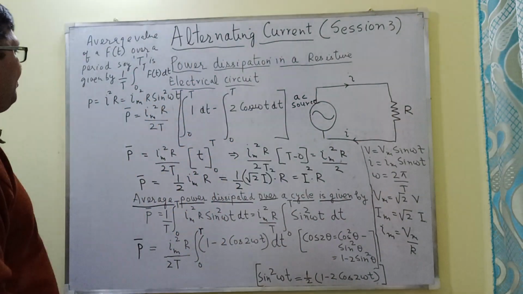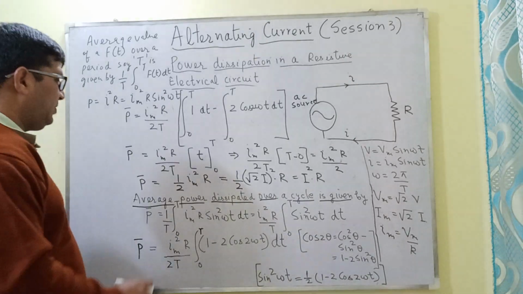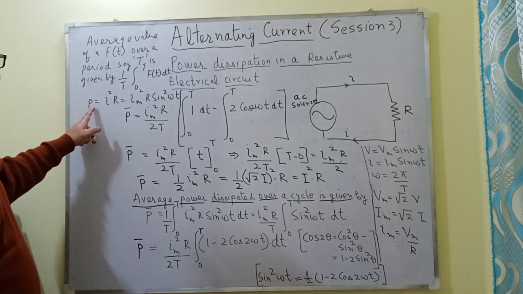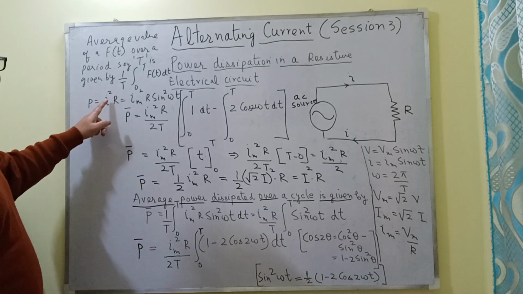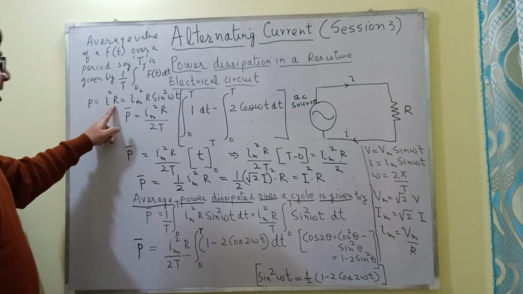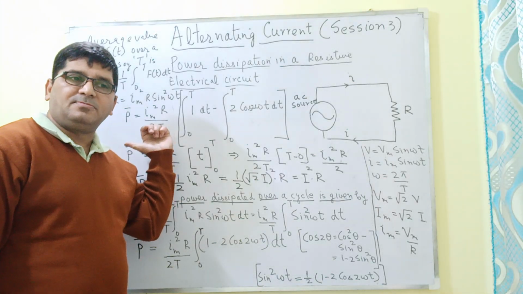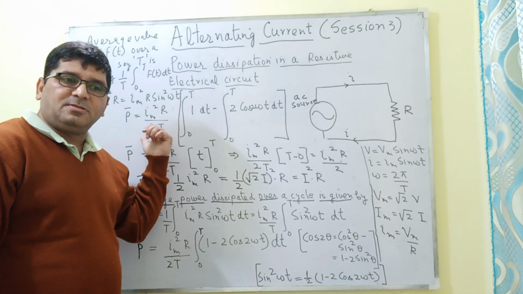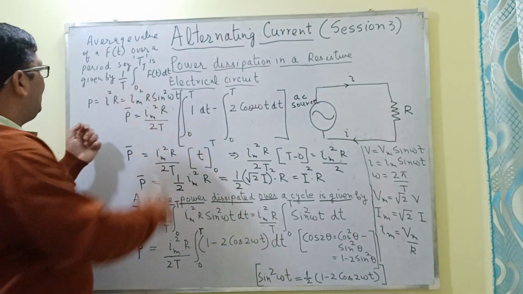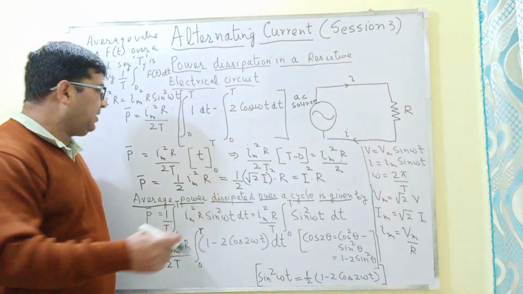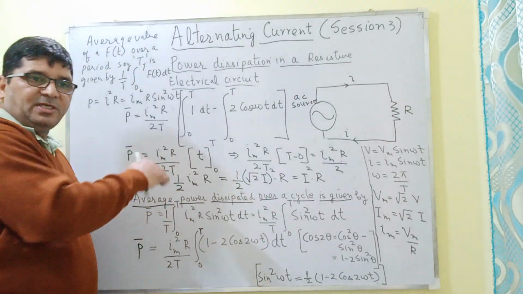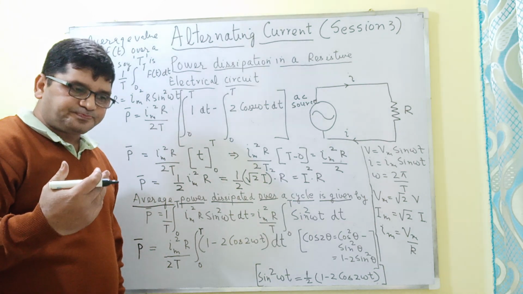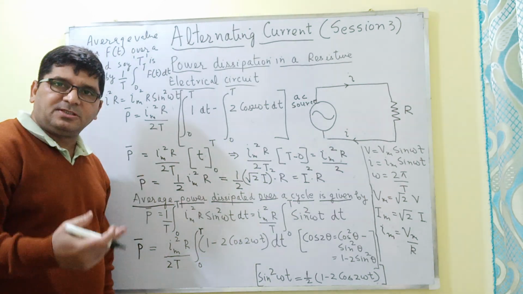So in this session, I just wanted to discuss two things. One was the instantaneous power. The instantaneous power is given by P is equal to I square R, as defined by the Joule heating, because whenever there is a current flowing through a resistor, heat is dissipated.